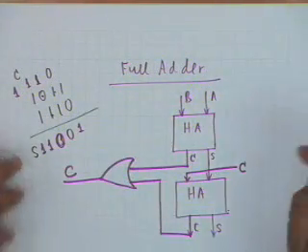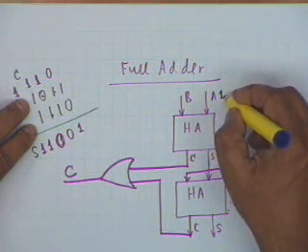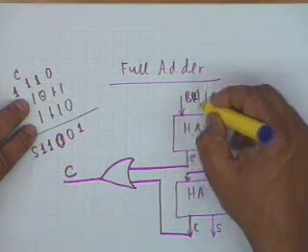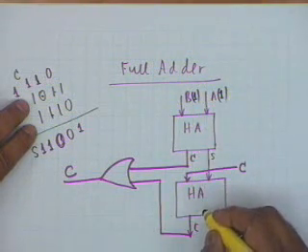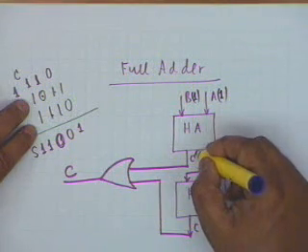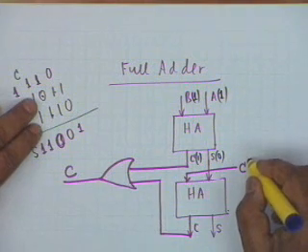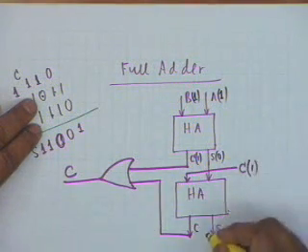Now let's represent this here. A is 1, B is 1. So the sum is 0 and the carry is 1. The previous carry was 1.